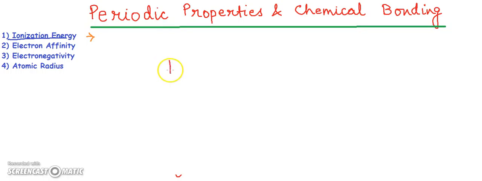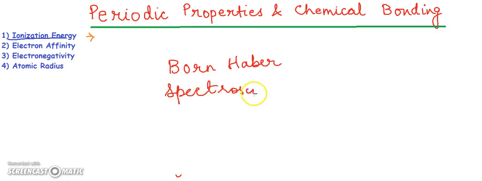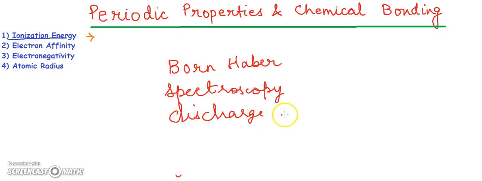Apart from the Born-Haber cycle, these are also measured either by spectroscopic techniques, or by passing an electric current of gradually increasing intensity through the vapors of the elements in the discharge tube. Okay.